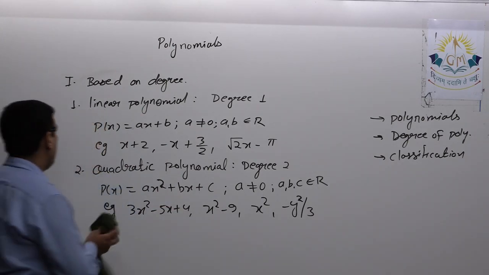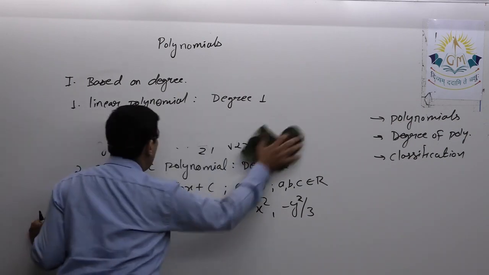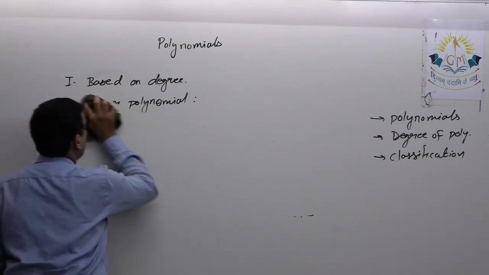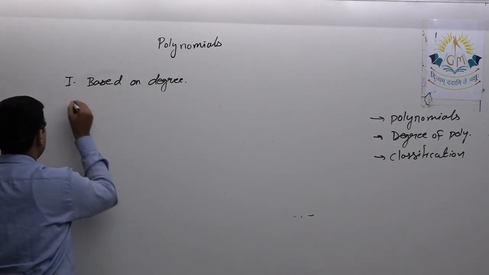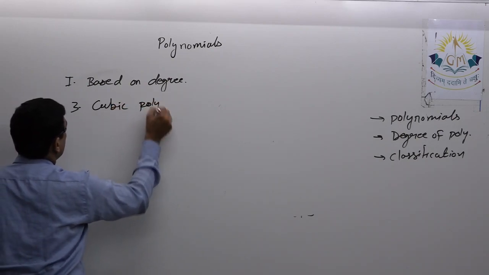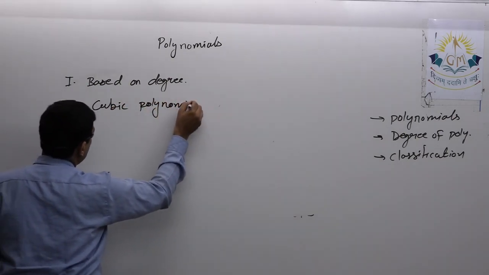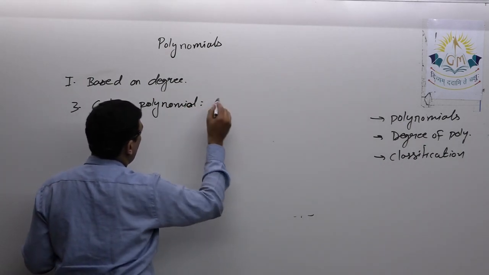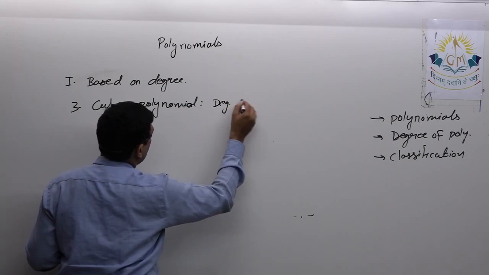Next is cubic polynomial, that is a polynomial with degree 3.